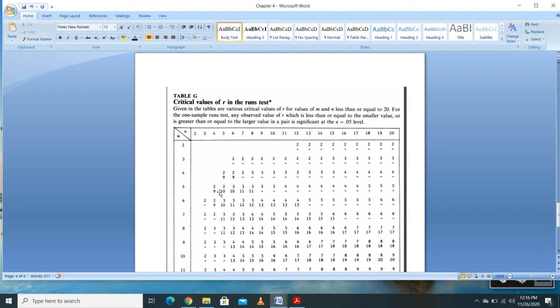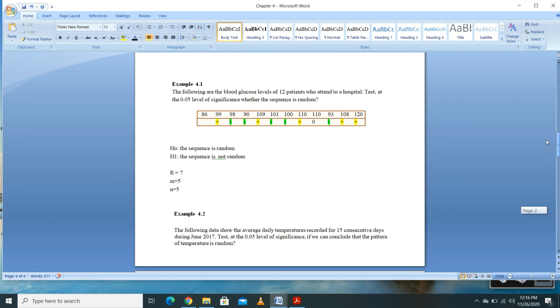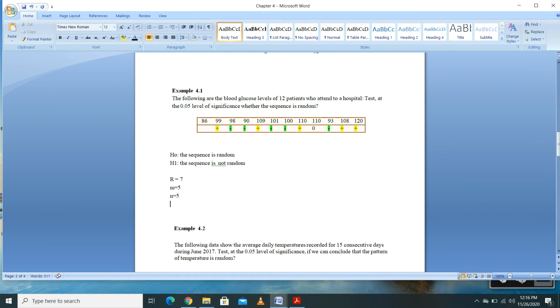These are the two values we read because from this side we read the M value is 5 and the N value is also 5. At the intersection point you have 2 and 10. We can take 2 as the lower bound and 10 as the upper bound. So we can see 7 is in between 2 and 10.